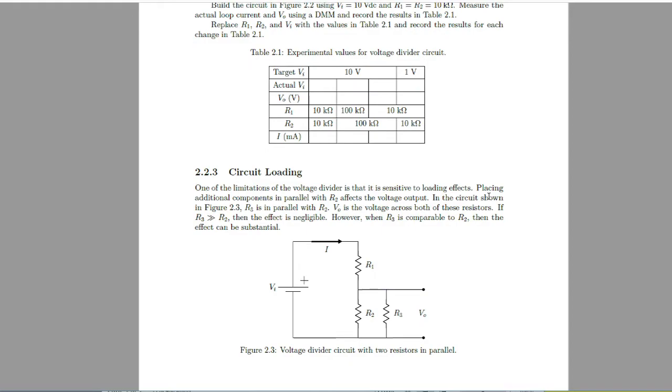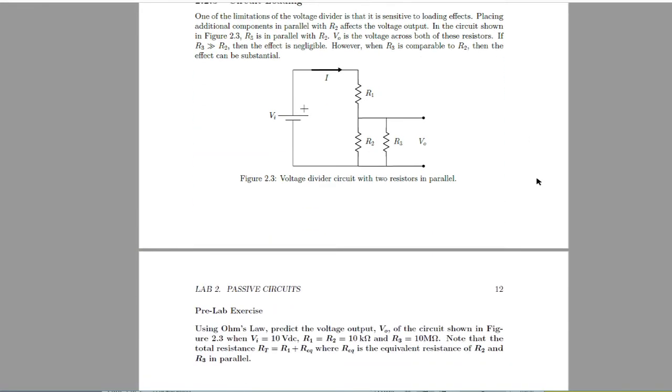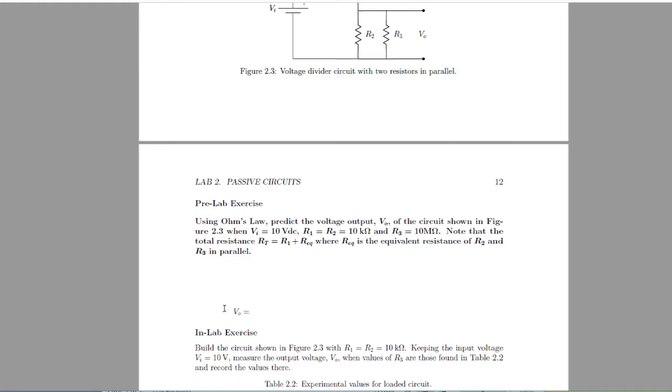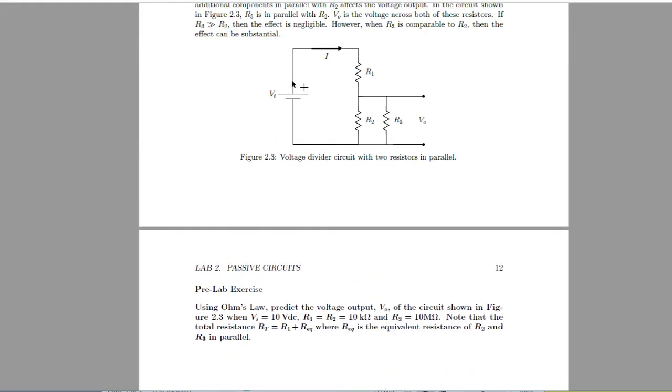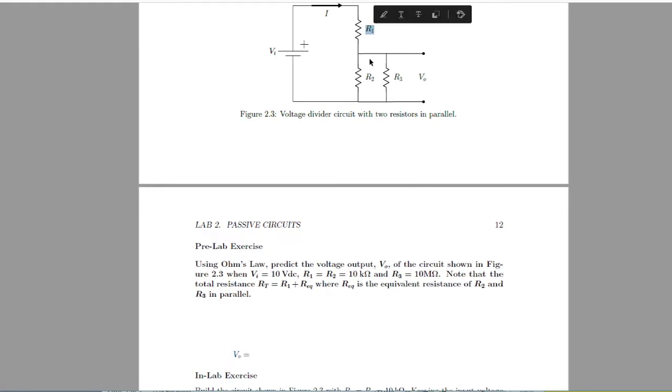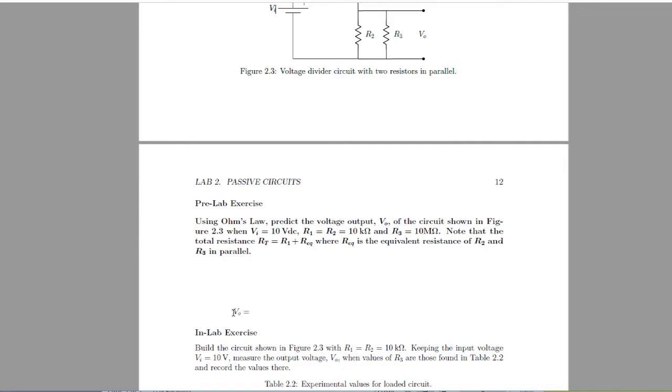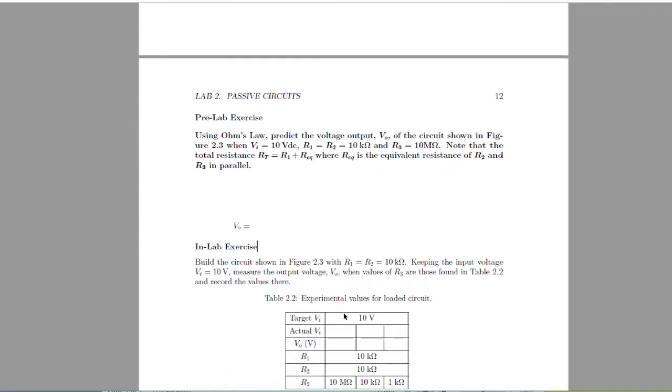So again, we've given you a table to fill out, and we've also given you what all these resistors are in that table and these input voltages. Next, we're going to be asking you to calculate again, but this time we're going to be using figure 2.3 here. We've given you values for R1, R2, R3, VI. We want to know what this V out is going to be.